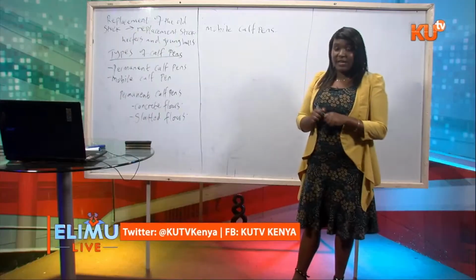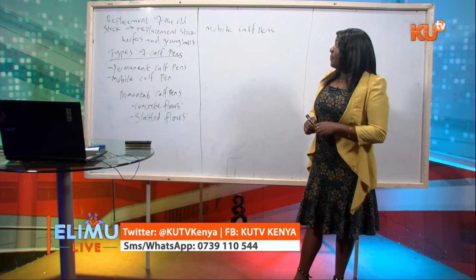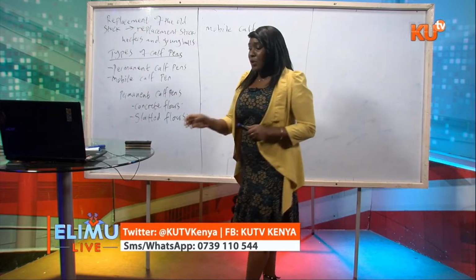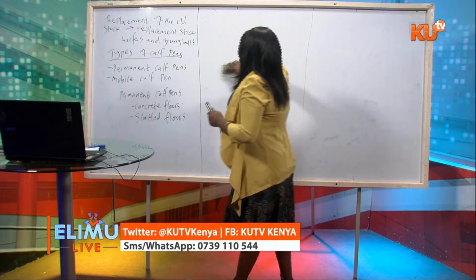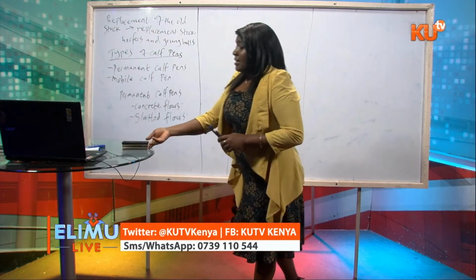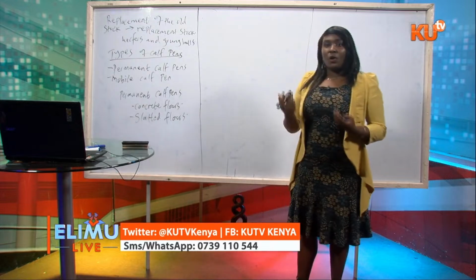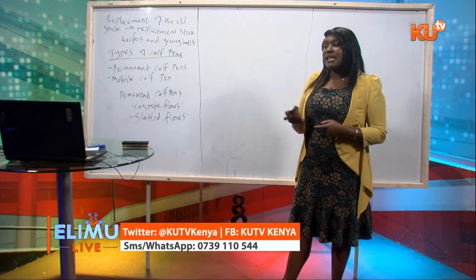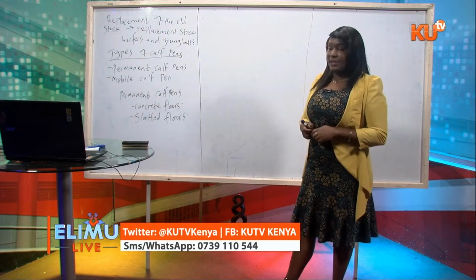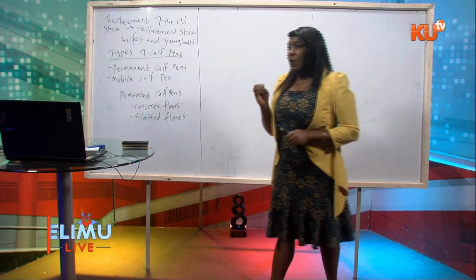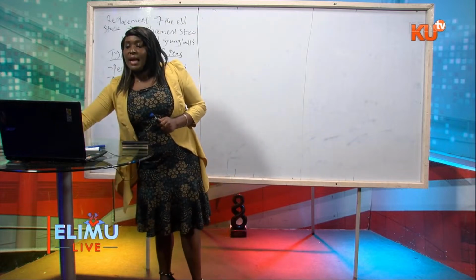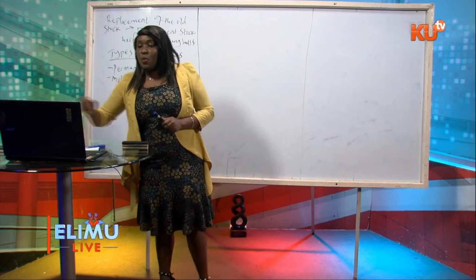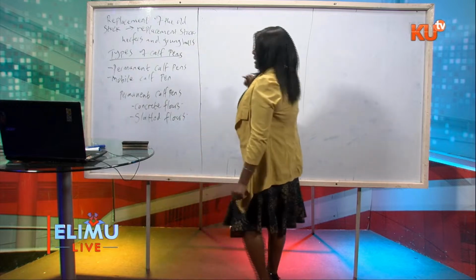That is a very high mark. The challenge when we are marking this question is the approach. The learners have all the content, but presenting the answer is the challenge. And that is what I want us to tackle today: how to answer this question on the requirements of an ideal calf pen.